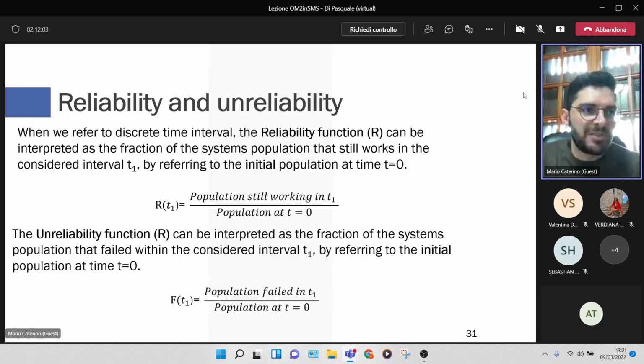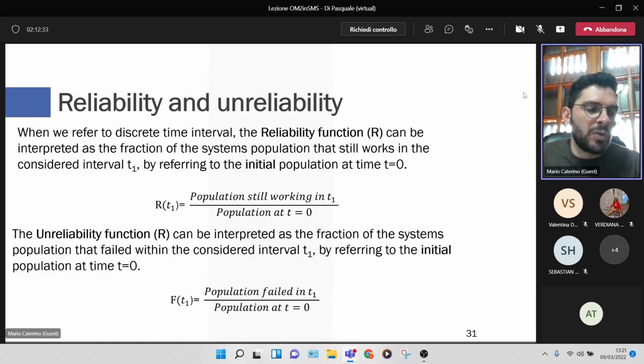So we have 3 cars, 4 components, and so on. When we refer to discrete elements, or also to discrete time intervals, the reliability function can be interpreted as the fraction of the system population that still works in the considered time interval, by referring to the initial population at time t equal to 0.